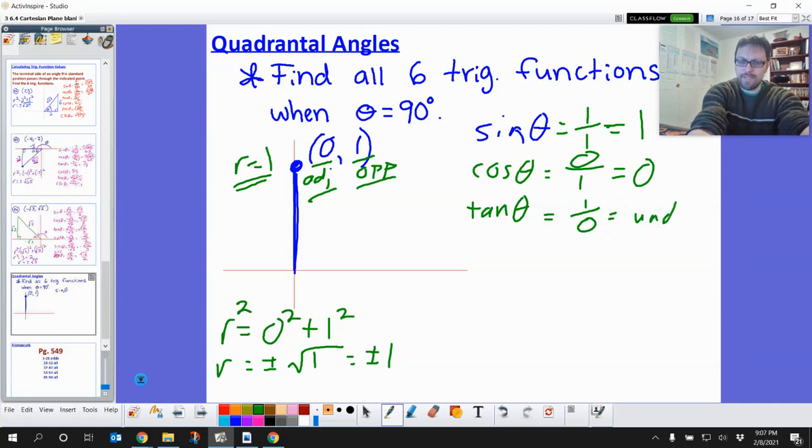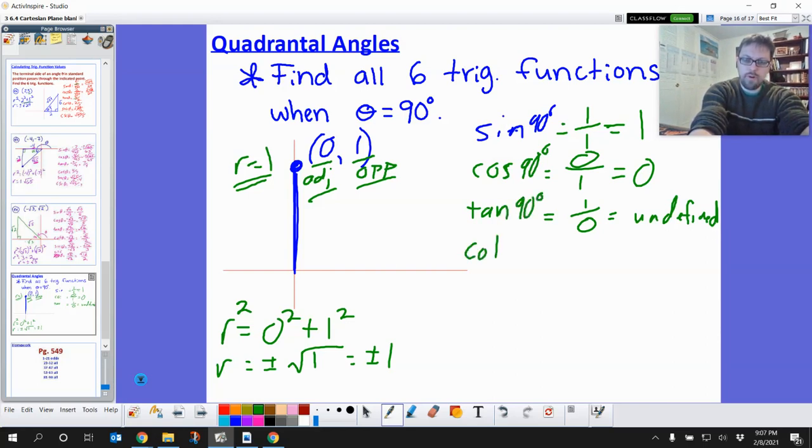That's undefined. You can actually check that in your calculator. If you want to, you can pause the video and pull up your calculator, but type in the tangent of 90. I don't want thetas here, I want 90s. If you type in the tangent of 90 degrees, you'll get an error because you can't do that. Sine of 90 degrees, cosine 90 degrees, tangent of 90 degrees.